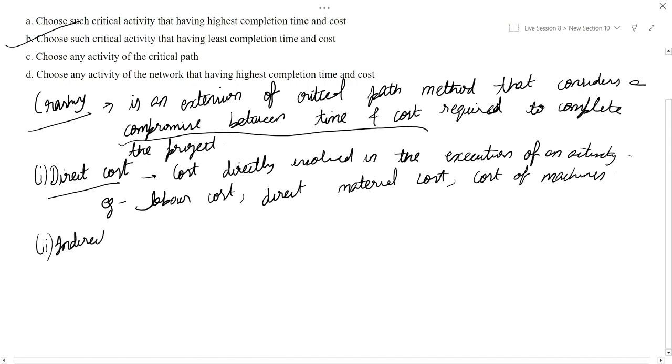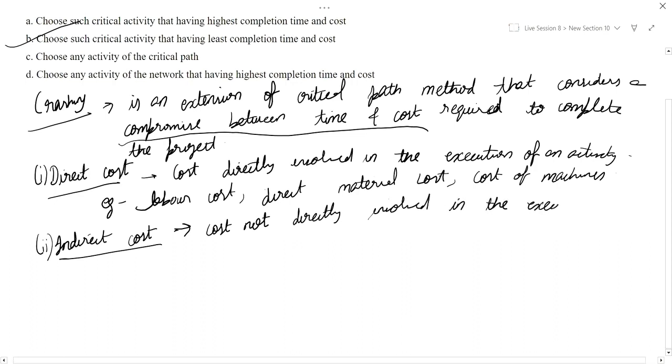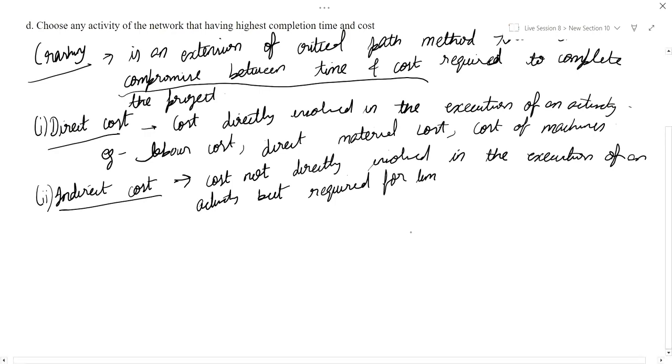Indirect cost is cost not directly involved in the execution of an activity but required for timely completion of project.